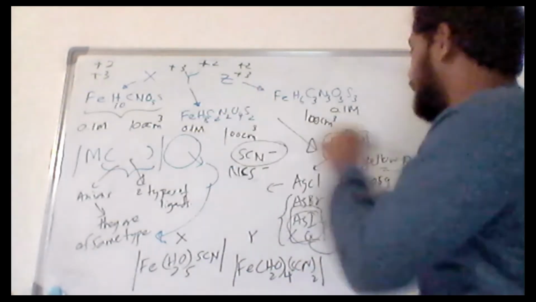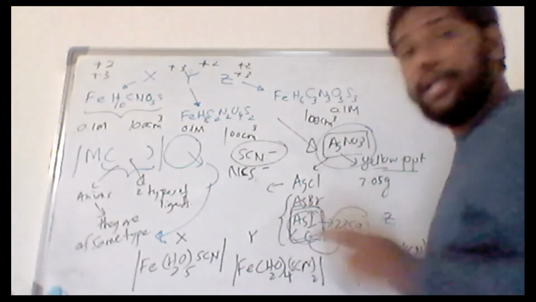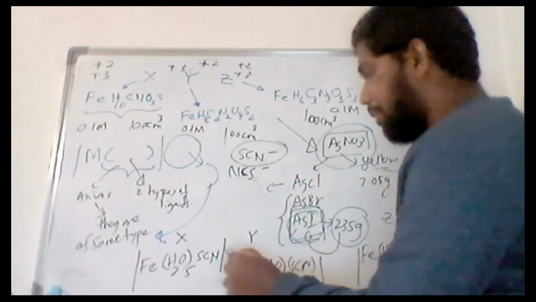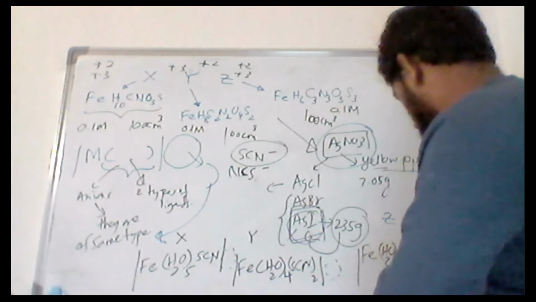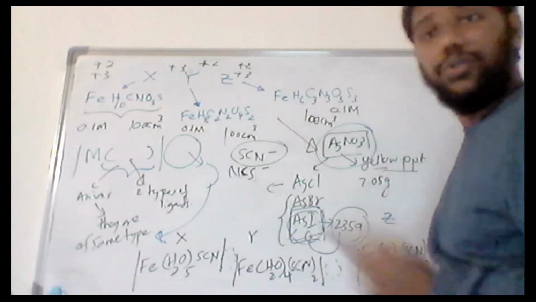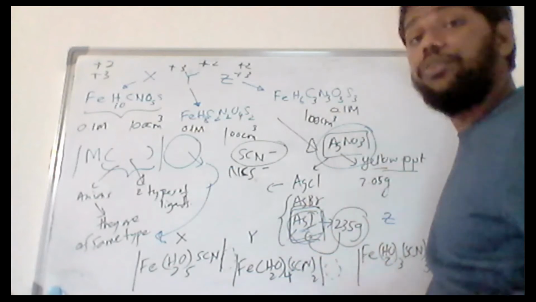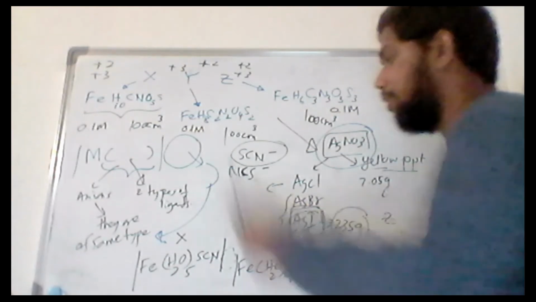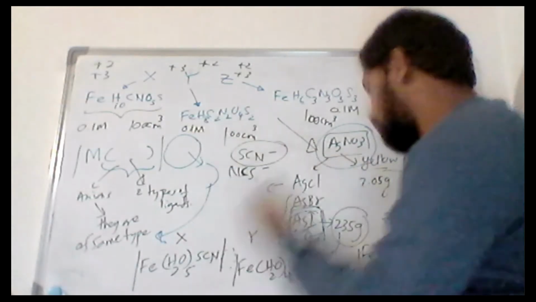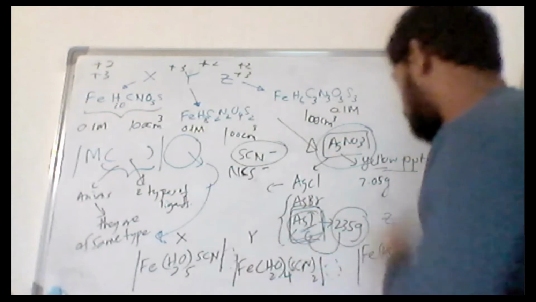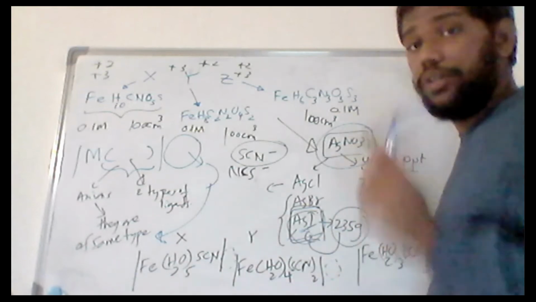Because when you add AgNO3 to this solution, to get AgI precipitate, there should be some counter ions with iodine to give this AgI precipitate. So you have to understand what should be the oxidation state of this ion and how many iodide atoms are present in each of these compounds. Okay, so try to get this one.